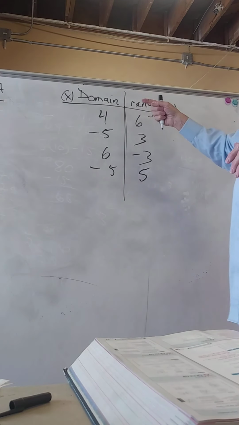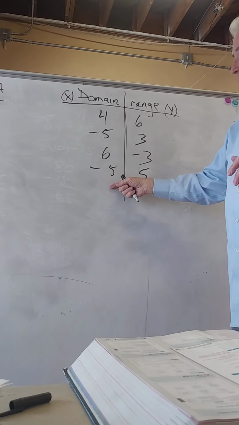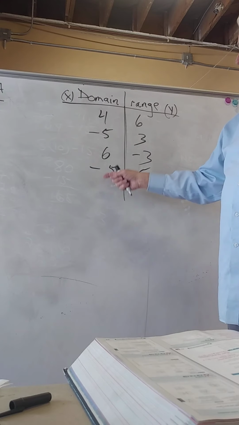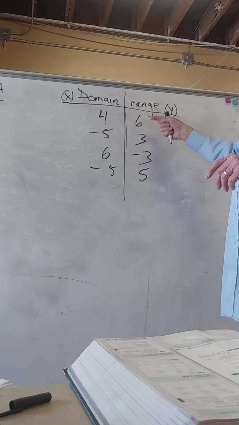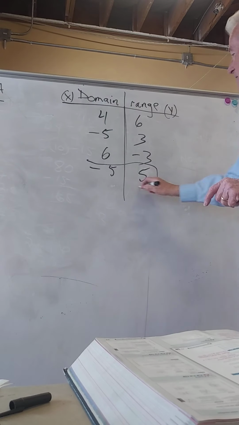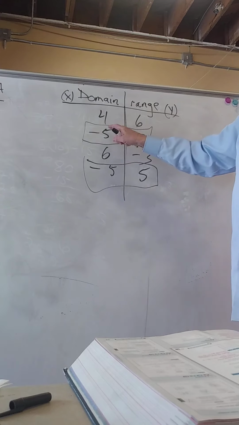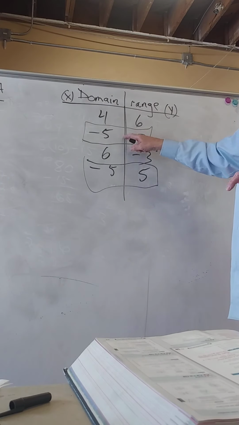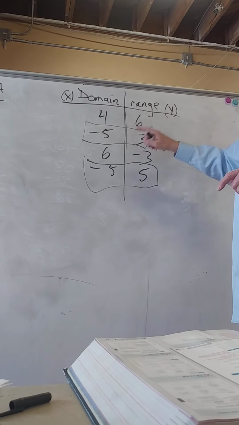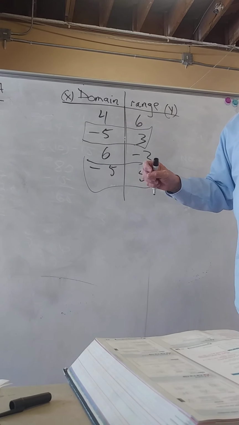if you have the same number twice in the domain, but not the same number that it relates to, see, this is 5 and a minus 5, and this is 5 and 3. So if that one, its function is the 3, this one, its function is 5, that is not a real function.